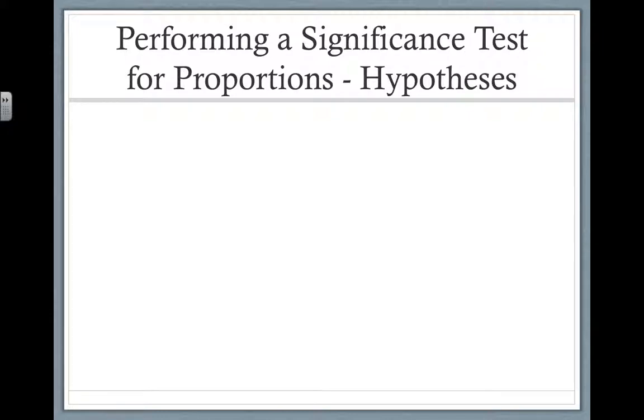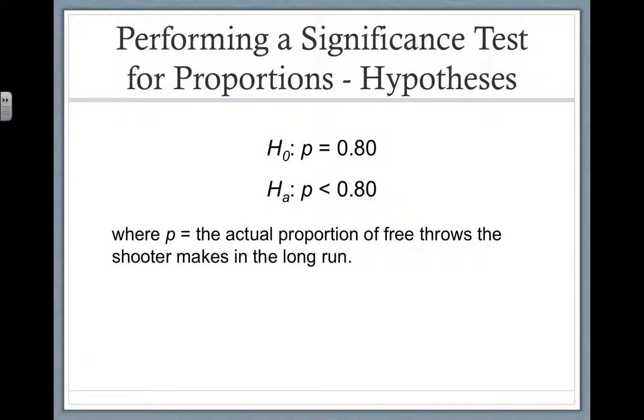For this problem, our null hypothesis is that the proportion is 80%, or 0.8, and our alternative hypothesis is that it is less than 0.8, because our sample proportion was 0.64, so we're leaning that it's less than what he's saying. Where p is the actual proportion of free throws the shooter makes in the long run.